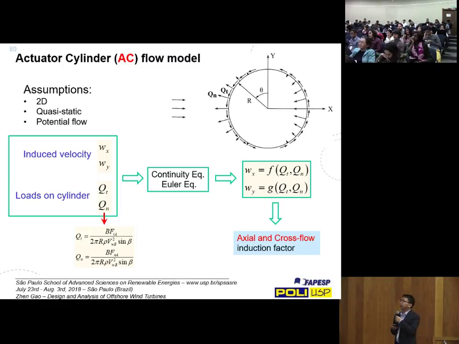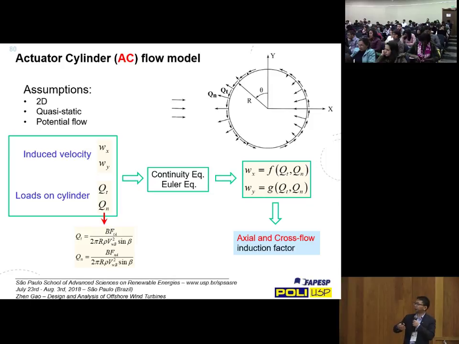Well, the actuator cylinder model is that you look at the whole, it's the same strip, and then you look at the actuator cylinder to replace it. And then you have to solve this to derive the induced velocity using the continuity equation and Euler equations. And this is assuming potential flow. And when this induced velocity is solved, then you can find the loads on the cylinder.